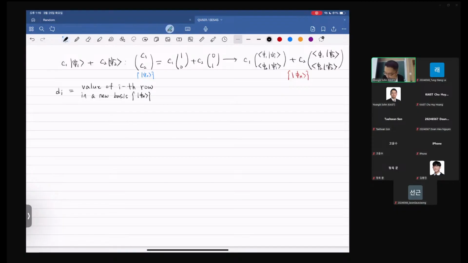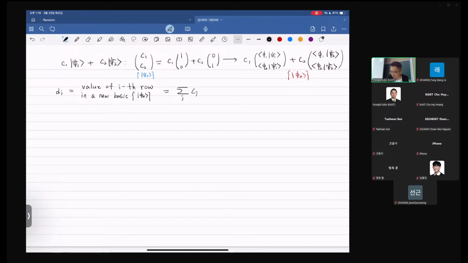Okay, so you can, for example, take a look at this. In this case, you are adding this and that, right? Then you get D2, right? Let me write it down.